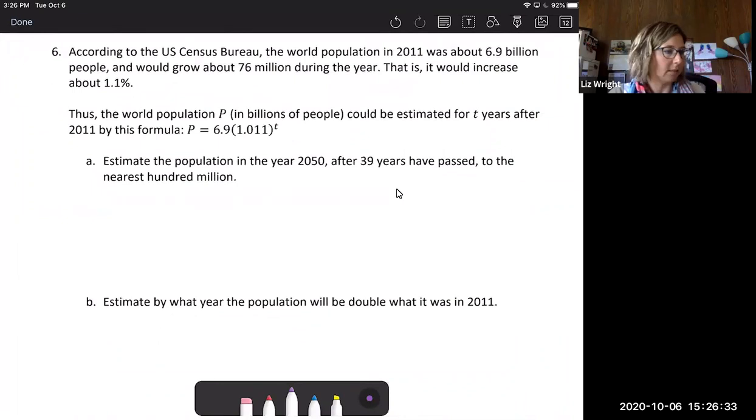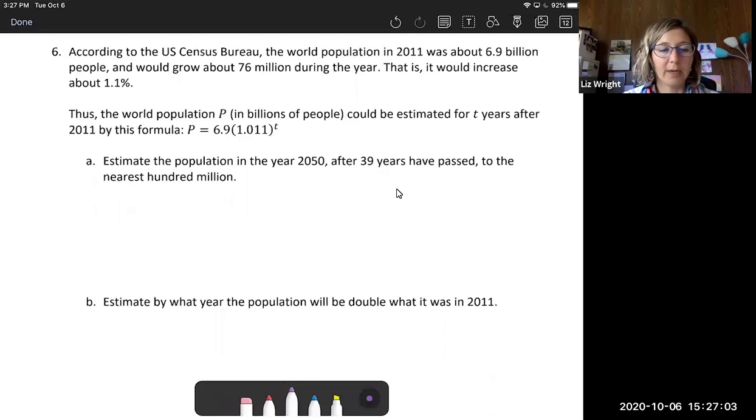Number 6, another population one. According to the US Census Bureau, the world population in 2011 was 6.9 billion people, and it would grow about 76 million during the year. That is crazy, 76 million people. That is, it would increase by about 1.1%.